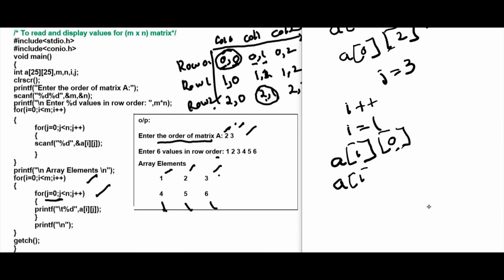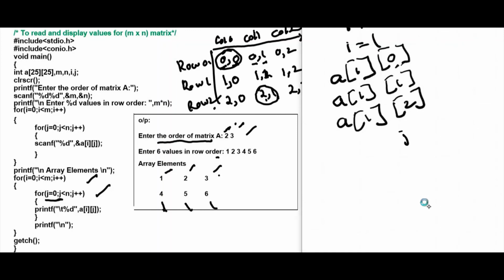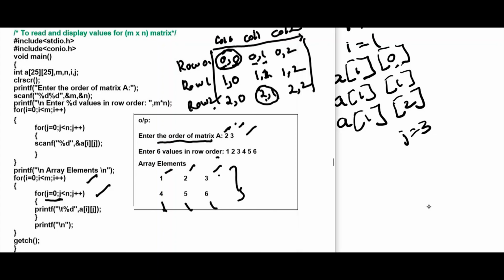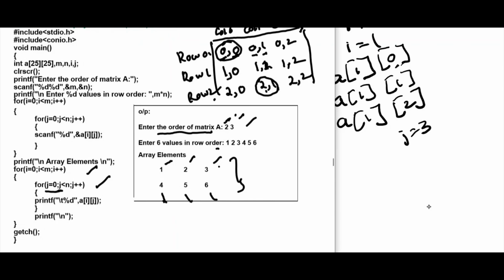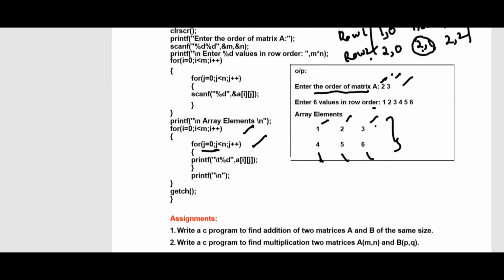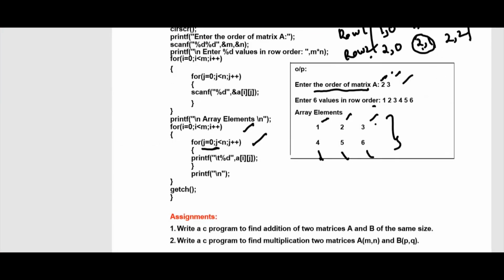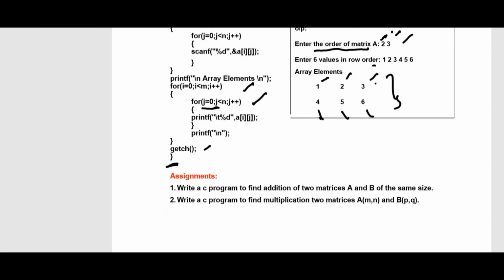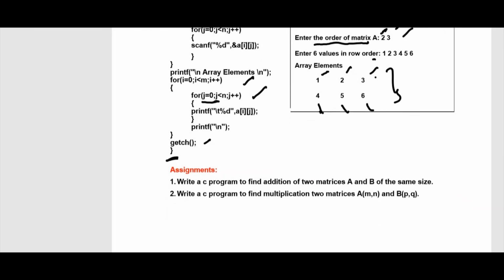So we will be referring to a[1][0], a[1][1], a[1][2], and when j becomes 3 again, it exits the for loop. So by then we have printed all the elements, right? So lastly, getch and close the program and the main program.